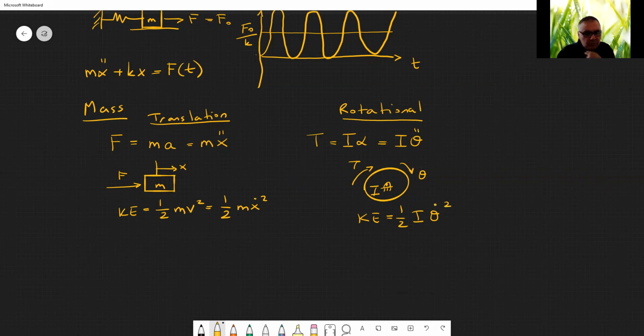And if you have a rotational plus translational system, it will be a combination of both kinetic energies. It might have 1 degree of freedom, 2 degrees of freedom, etc.